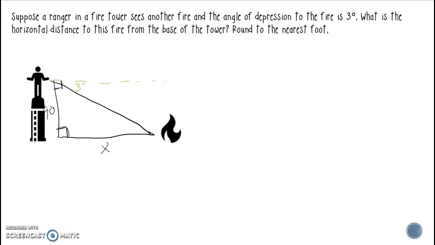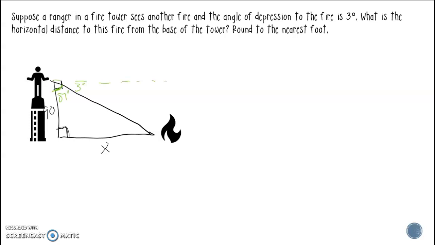So if you wanted to, instead of using your alternate interior angles, you could have found the measure of this angle. 90 minus 3 is 87. So instead of using my 3 degrees, I could have used 87.